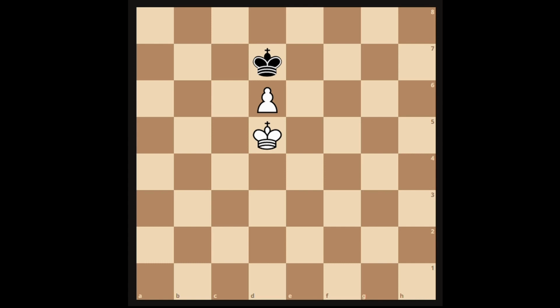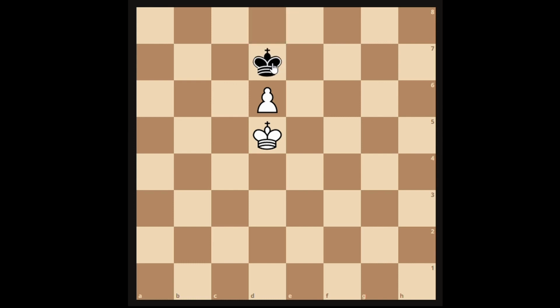If it's black's turn to move, all black has to do is go back like this. Then after black moves back, there are really three moves that are feasible here. Everything else will lead to a repeat of the last position.